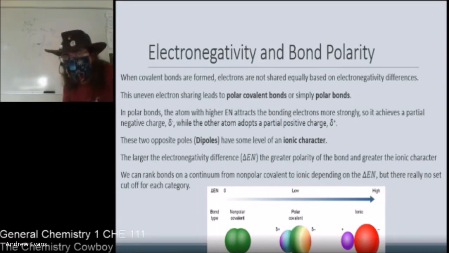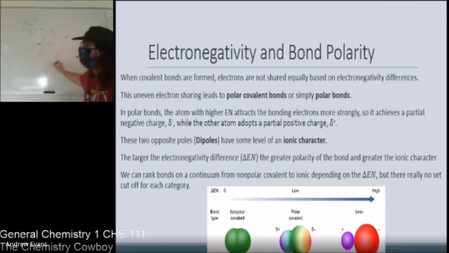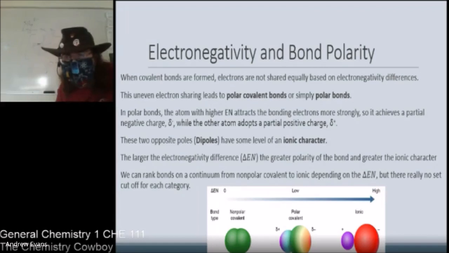The partial charge is going to be given as the Greek letter delta, the small d. It kind of looks like a musical note. It's going to be a funky looking, curvy d, and we'll either put delta negative or delta positive. What this means is we have a partial charge. If an ionic structure has a full-on charge, these polar bonds will only have a partial charge.